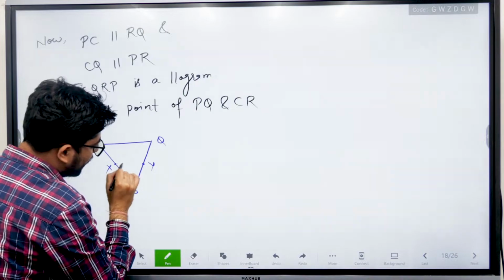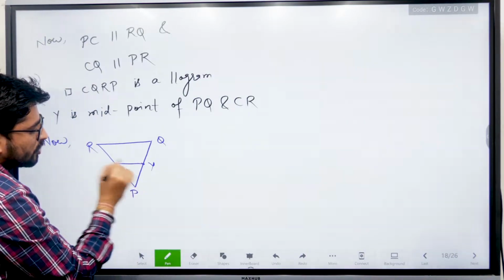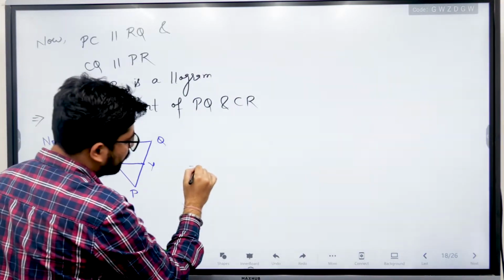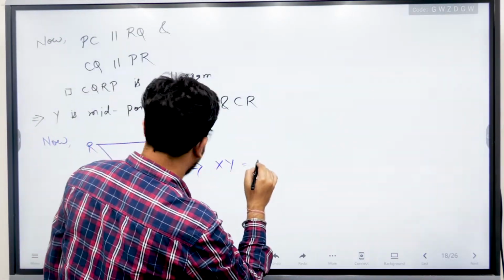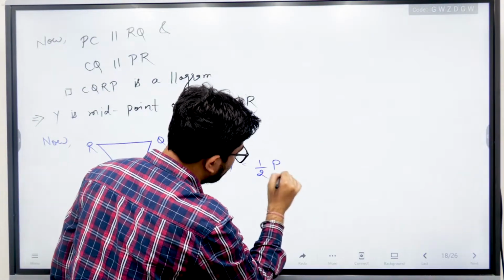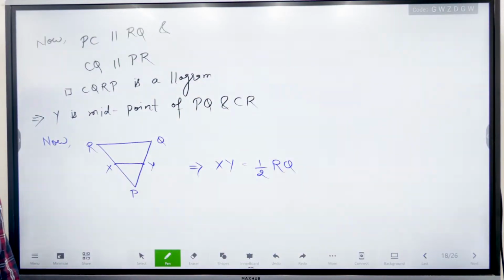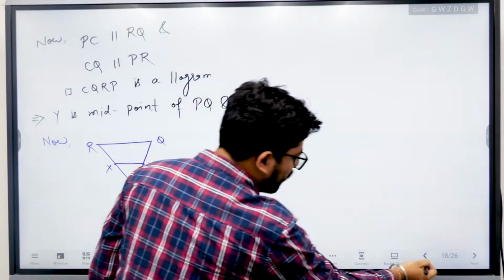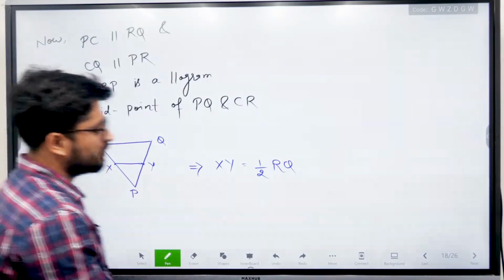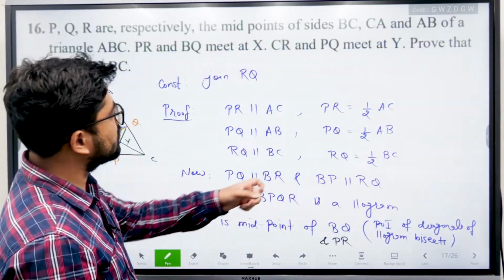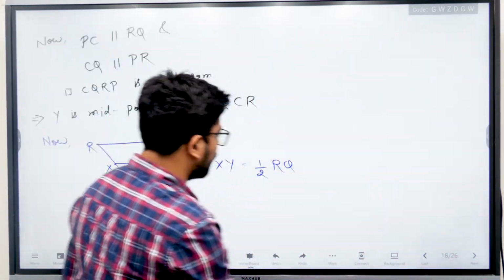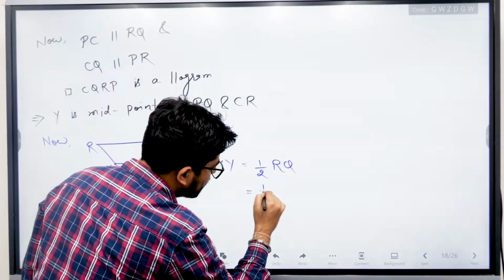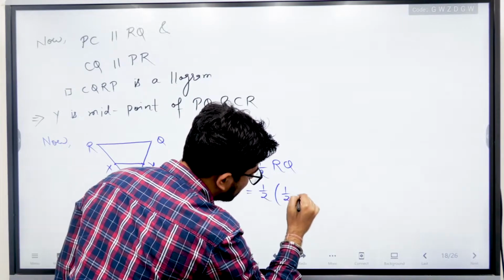So when you join your XY, according to the midpoint theorem, XY is equal to half of RQ. And RQ is half of BC. So this is half times RQ, which is half of BC.